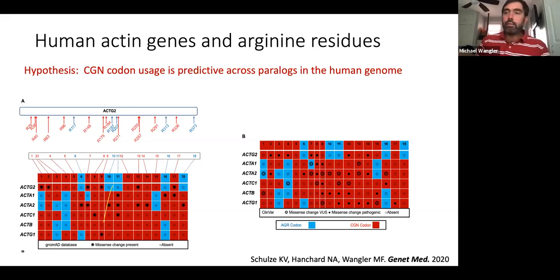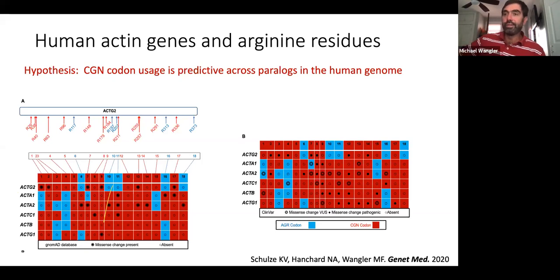And so I think the main point that we saw here is that you can see missense changes in specific sites in gnomAD, but when you look at sort of ClinVar, you see a non-overlapping set, where there's really interesting positions like the 8th arginine in actin that actually accounts for disease-causing mutations in multiple paralogs.